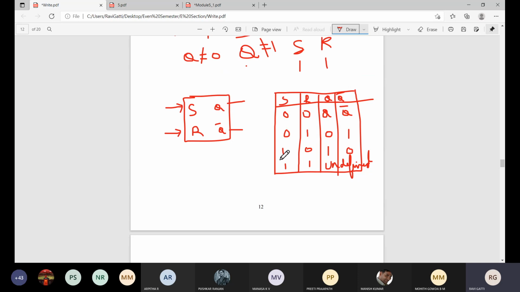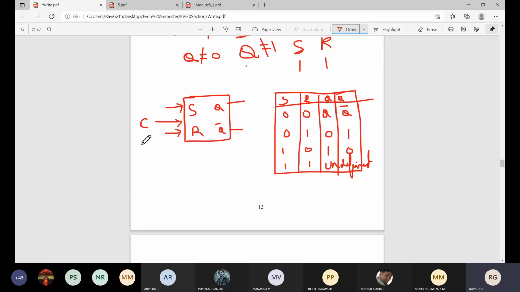But what I want to do is control this, so that even if there is a change in the input signal, only at the instant I want the output to change do I get the output. So in order to control this, for this SR latch we are feeding one more signal, and this signal we call a clock signal. So when I introduce this clock signal, if the clock signal is high, then if there is a change in S and R value, you are supposed to get Q and Q bar.